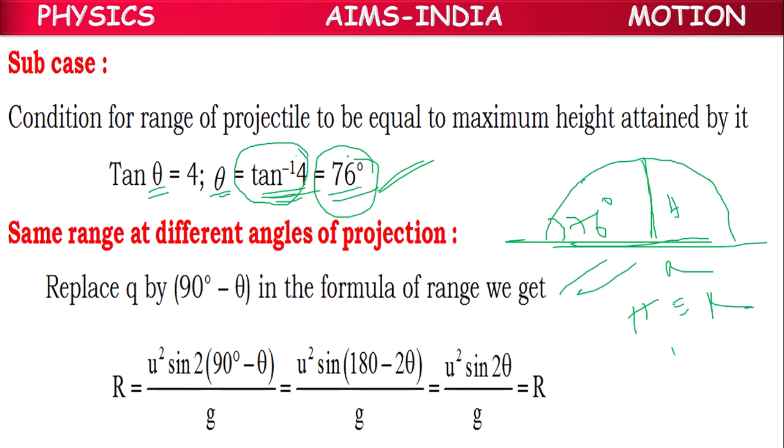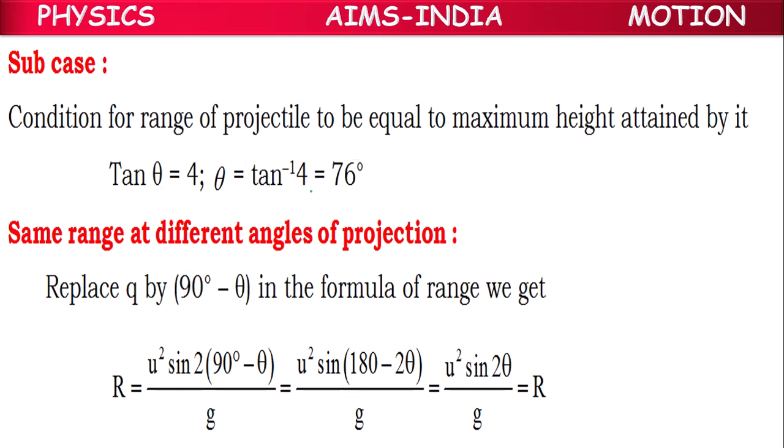So how have we got 76 degrees? How is tan inverse 4 equal to 76 degrees? No need to learn that now, children. You can remember the value, and while dealing with the trigonometry chapter in the maths part, you can understand that.